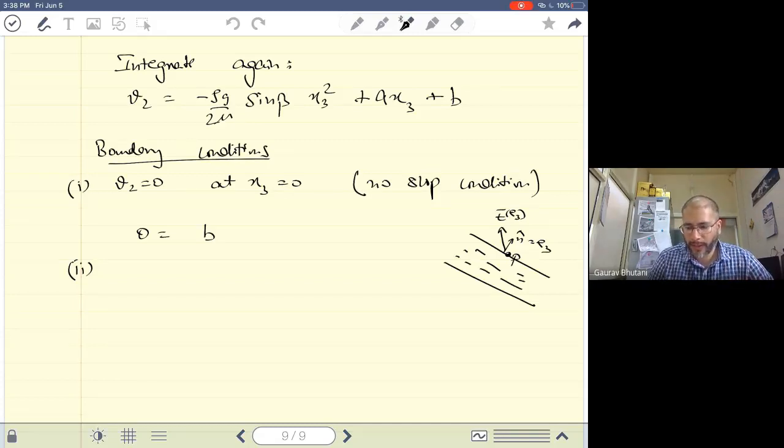Now what we are saying is that it's a free shear situation. That means the traction component along the E2 direction is 0. It's like wind. If there was wind blowing on the surface, it would apply some sort of force and accelerate the flow. But there is no wind blowing, so it's a free shear. There's no shear stress on the surface. So what we say is that T2 E3 is 0.